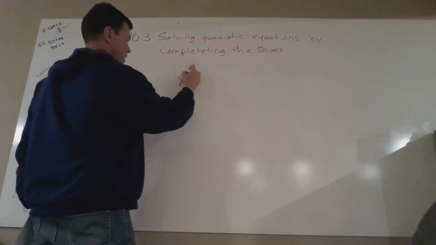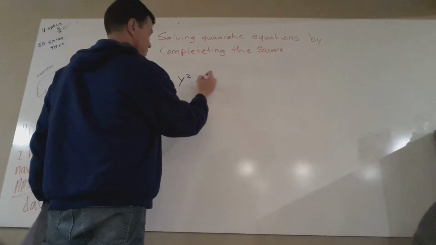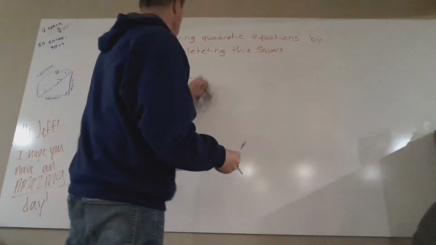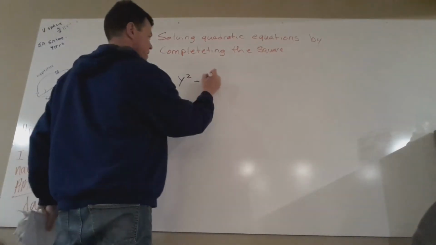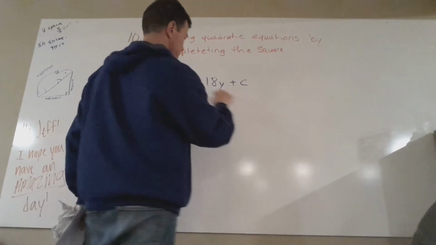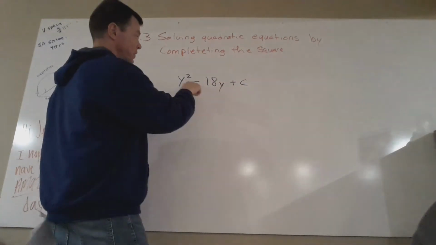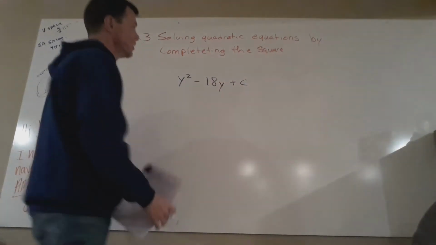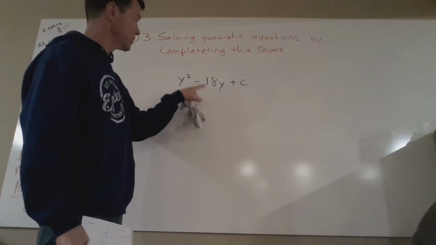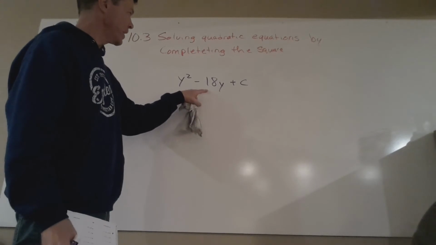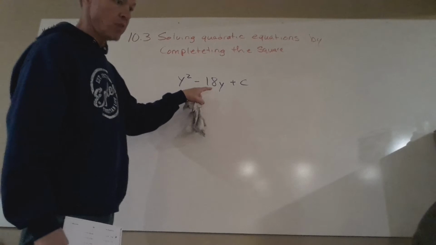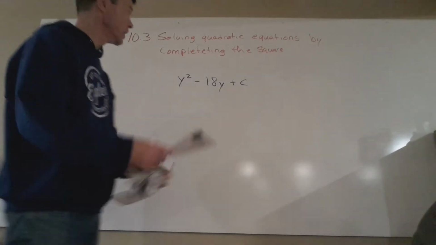Let's say we had y squared minus 18y plus c. This always has to be positive, and the middle could be negative or positive. So anyway, remember to find c, take the b value, which is negative 18, and cut it in half. Negative 18 divided by 2 is negative 9, and then square it. Negative 9 times negative 9 is a positive 81.